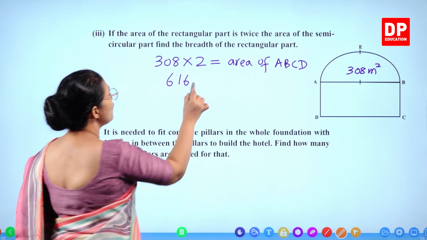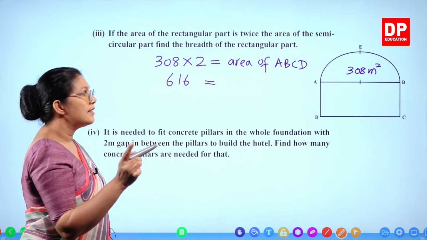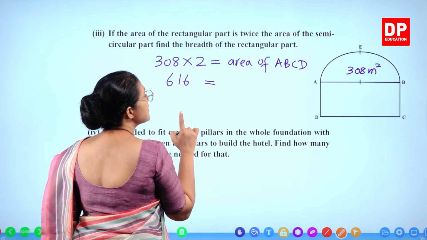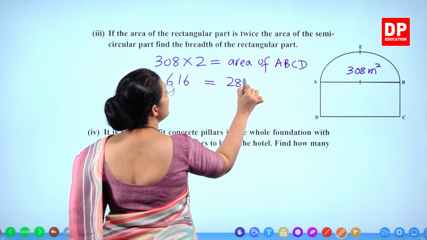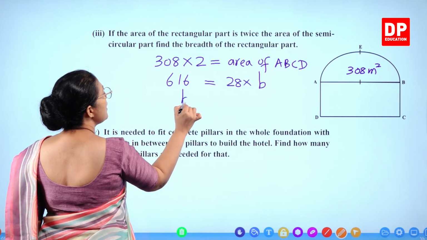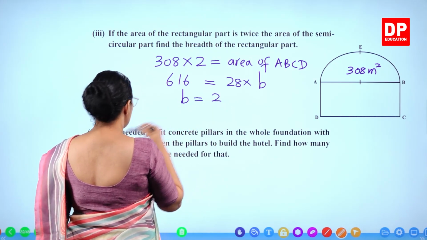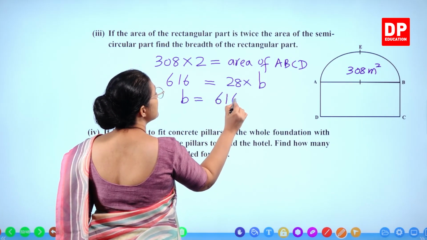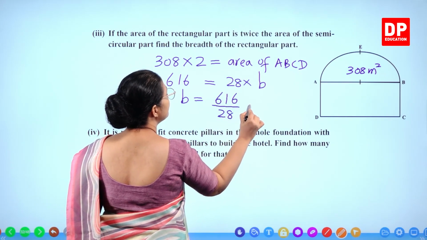So how do you find the area of the rectangle? Length into breadth. So AB is the length, that's 28, and we'll take the breadth as B. So find B. 616 divided by 28.